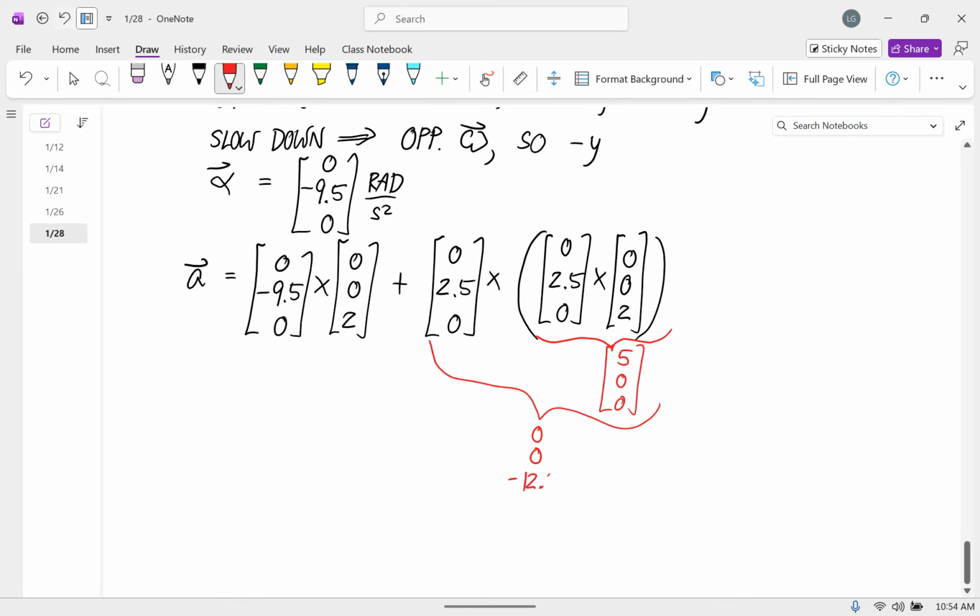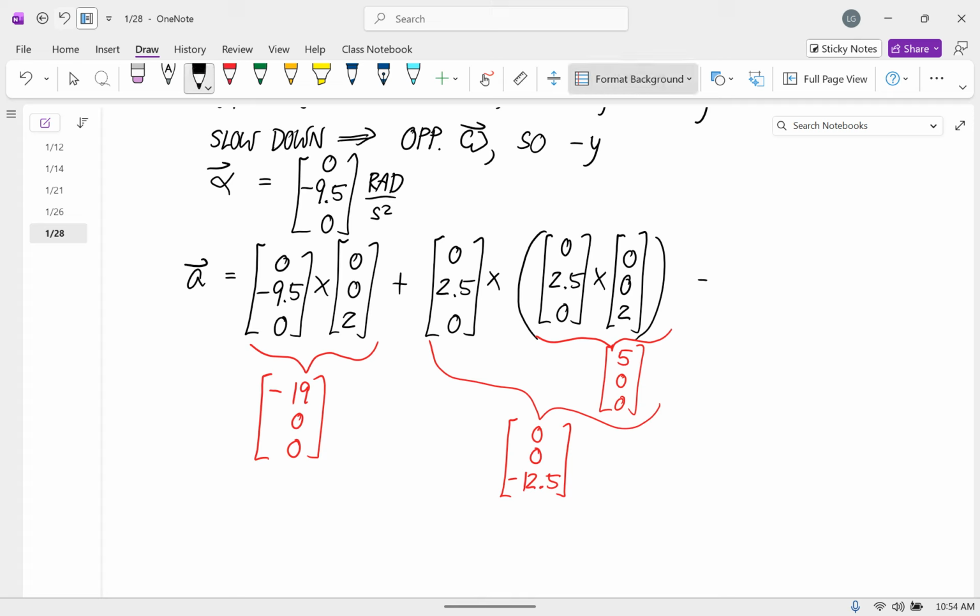Negative 12.5. And then these two crossed are negative 19, 0, 0. And so now add these two together and you get a vector that's negative 19, 0, negative 12.5.